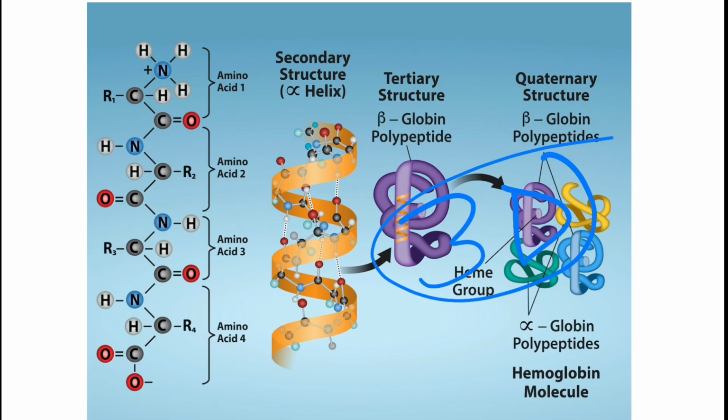The most common example is hemoglobin made up of 4 subunits, DNA polymerase, many antibodies, those have quaternary structure of proteins. Okay. So these are the different levels of protein structures.